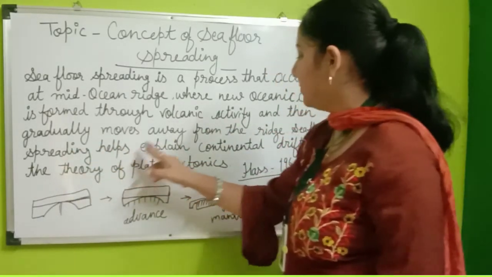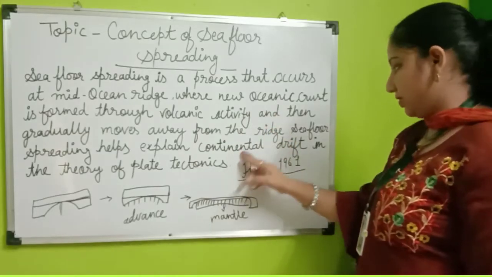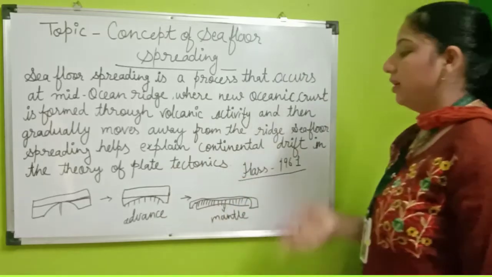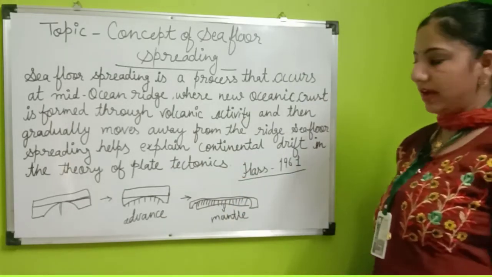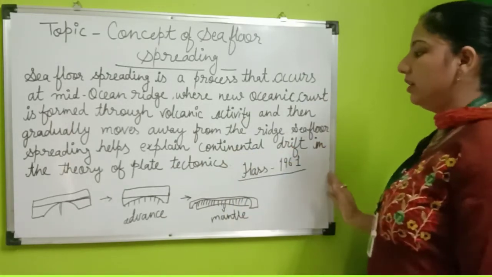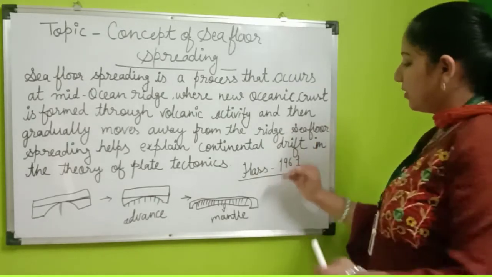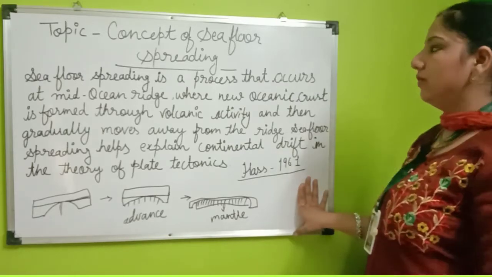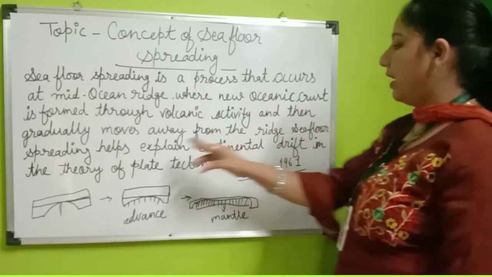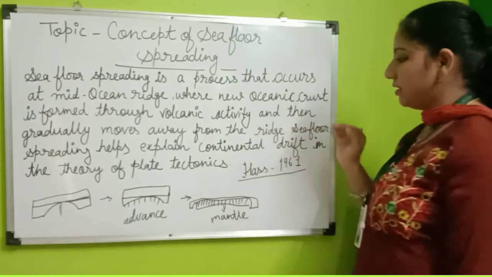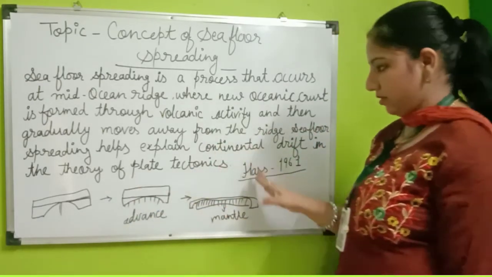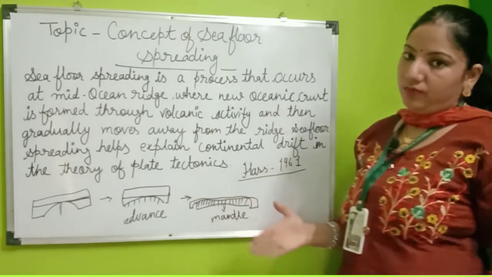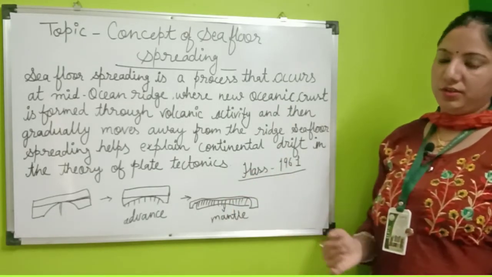Seafloor spreading helps explain continental drift in the theory of plate tectonics. For the continental drift theory proposed by Wegener, a new theory was proposed in support, which is seafloor spreading, and in that theory he tells us about the plate tectonics theory, which better explains the distribution of the oceans and the continents.